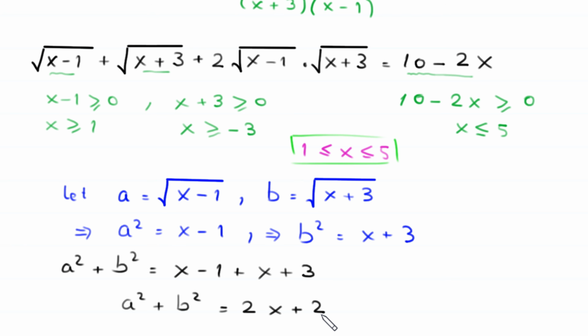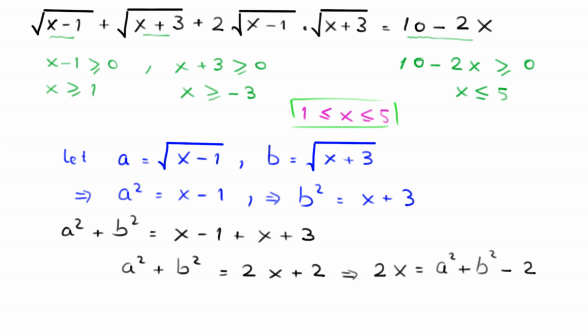If we move this 2 to the left hand side, then 2x is equal to a squared plus b squared minus 2. Now in the original equation, we replace root of x minus 1 with a, root of x plus 3 with b, and 2x with the expression a squared plus b squared minus 2.